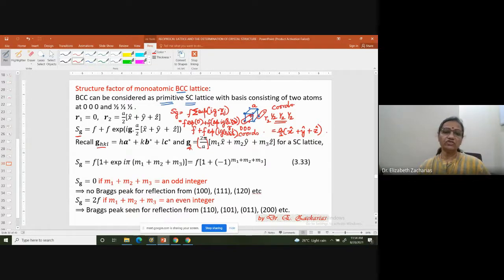This is for G HKL. Those of you who attended class the other day will know that we have written G100 and we wrote it as 2 pi by A x cap. The other day, people who were in the class will realize that I wrote this. Who was there in the class? Abhishek, were you there?